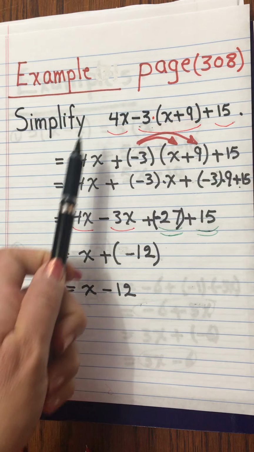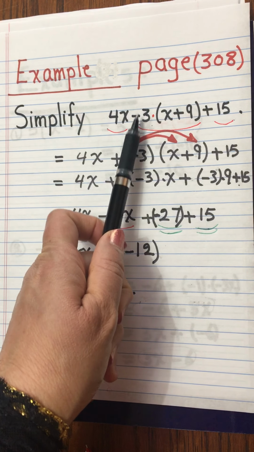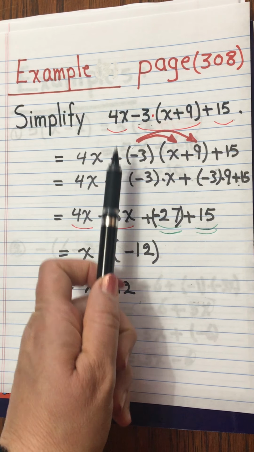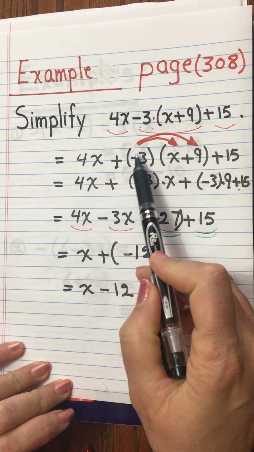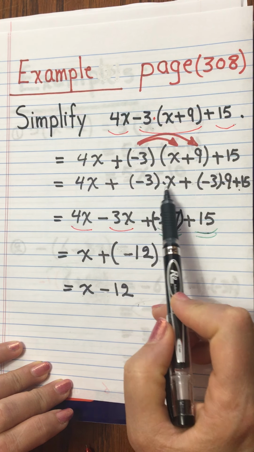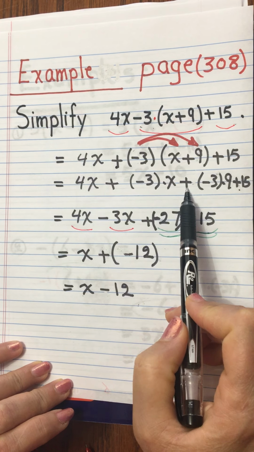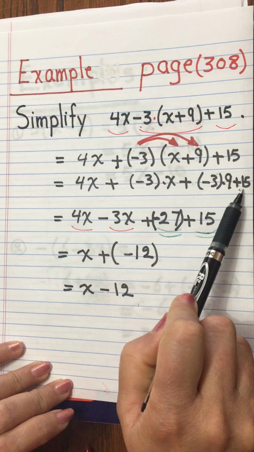Then 4x down plus. So change the negative to a positive and 3 to negative 3, times x plus 9 plus 15. Then I'm going to multiply negative 3 by these two terms. Negative 3 times x, plus negative 3 times 9, plus 15.